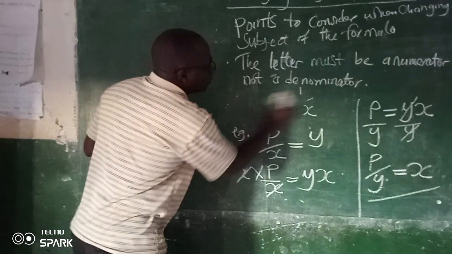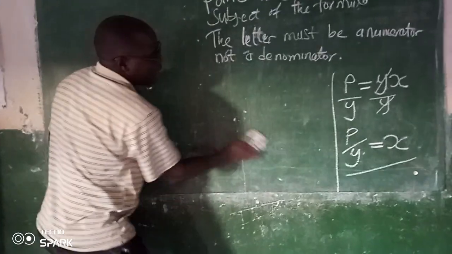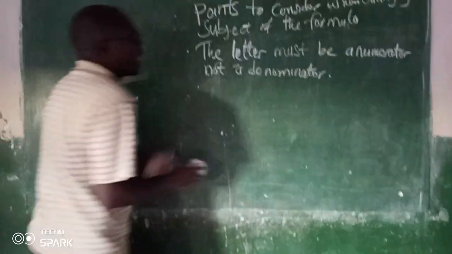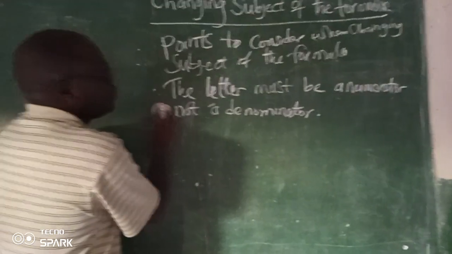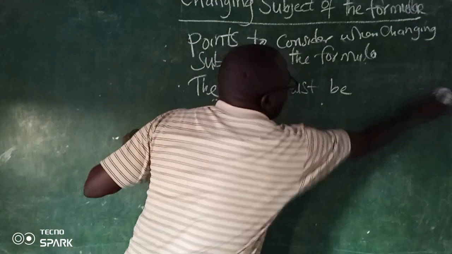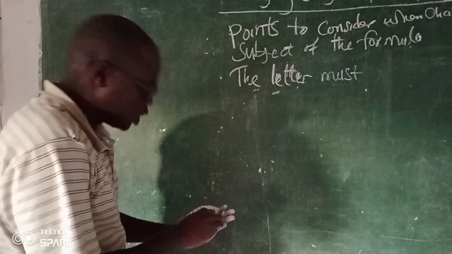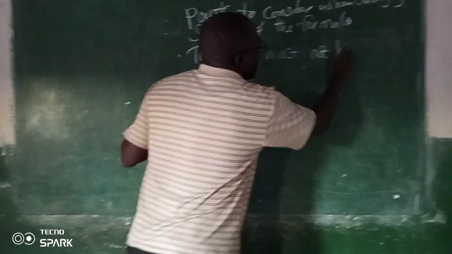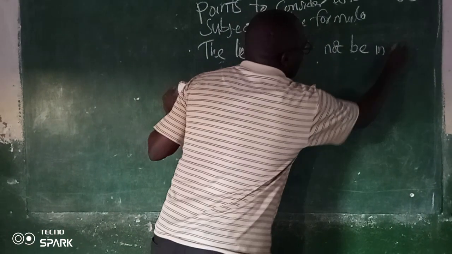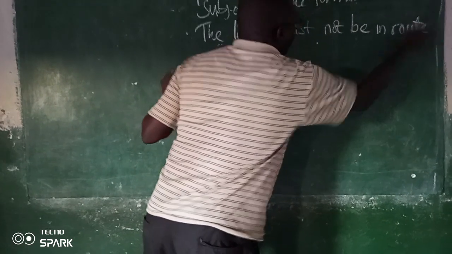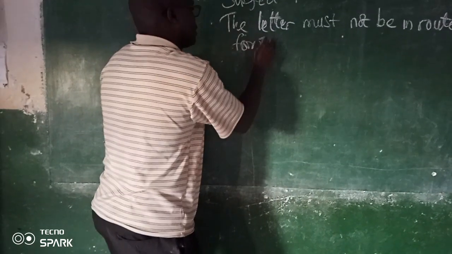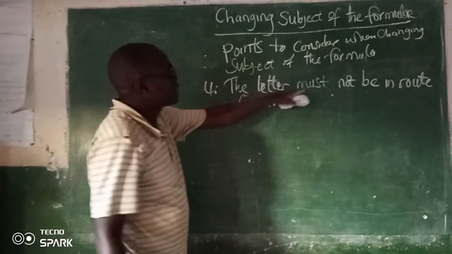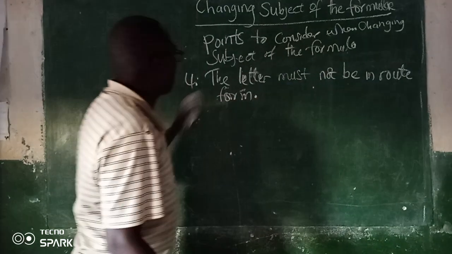We are going to do example number 4, from point number 4 as well. The letter must not be in root form. Point number 4: the letter must not be in root form.